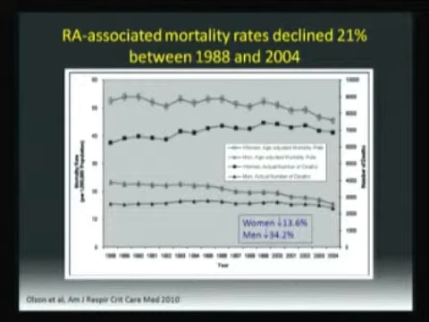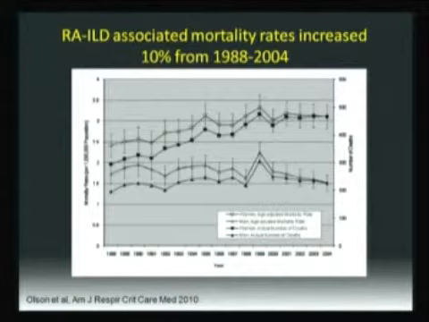In particular, it was 34% in men, reflecting that the therapies we use for rheumatoid arthritis in general are effective. But if you look at the rheumatoid arthritis-associated ILD mortality rates, they did not decline, they increased in the same period.